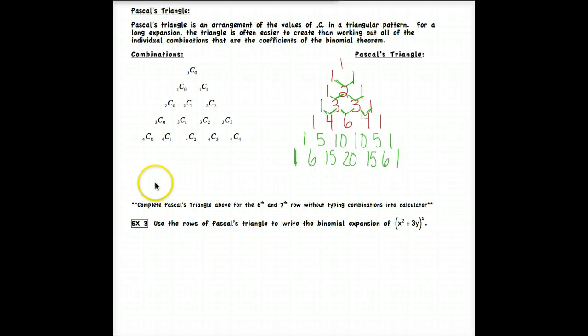But the way that we are going to use Pascal's triangle is whatever power it's raised to, you go n exponent, uses the n plus first row for the coefficients.